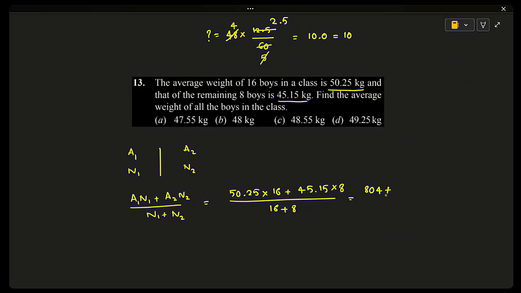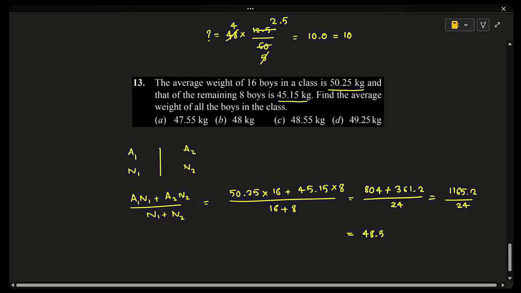If you do the other multiplication, you will be getting 361.2, divided by 16 plus 8, which is 24. So further simplifying, 361.2 and 804, you'll be getting 1165.2 divided by 24. Simplifying it further, you'll be getting 48.55. That is option C.